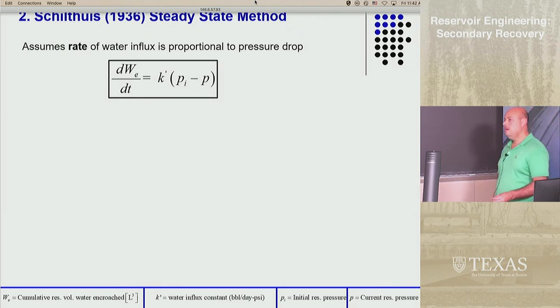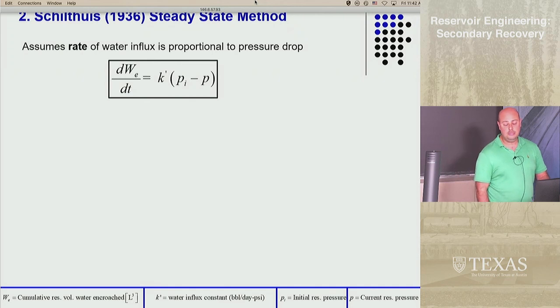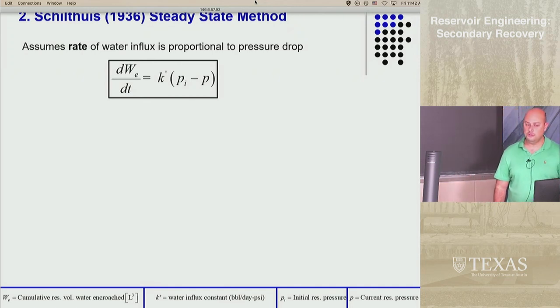And so if WE is the cumulative amount of water, then dWE/dt is the rate of change, so it gives some time dependency. And the assumption here is that the rate of water influx, you can almost think of it as like Q, right? Because when we talked about oil production, we would say QO or something, and that's rate, the amount per time.